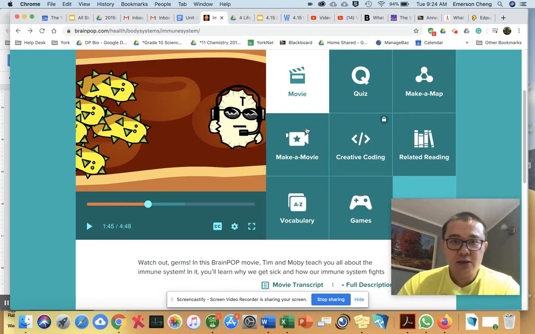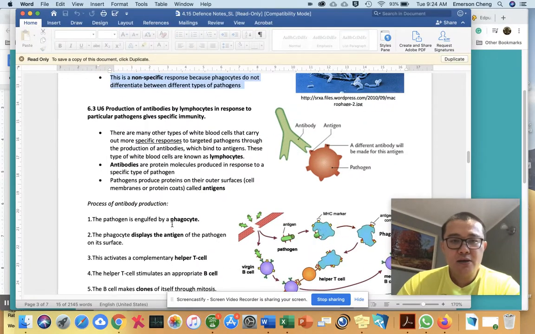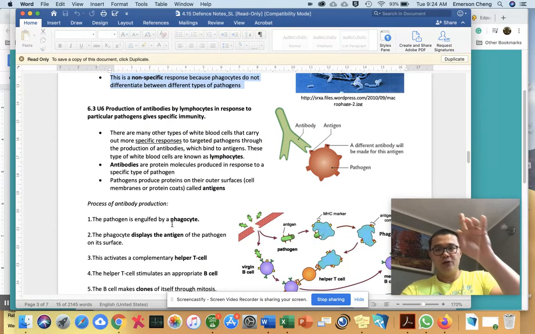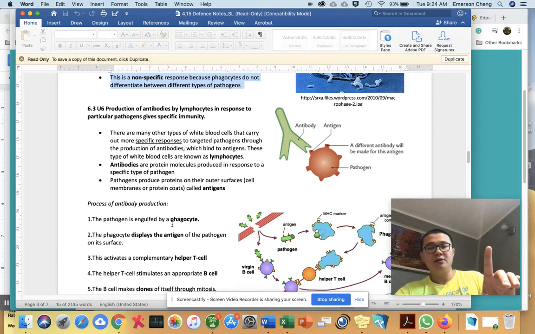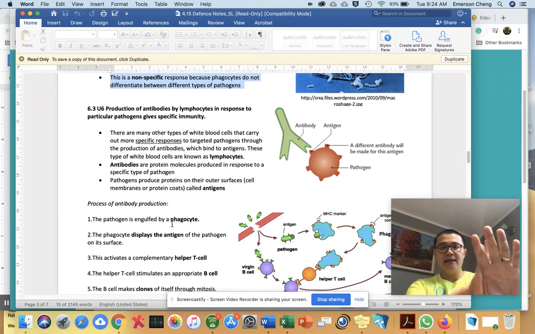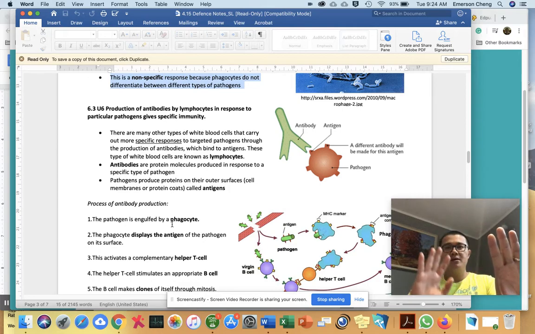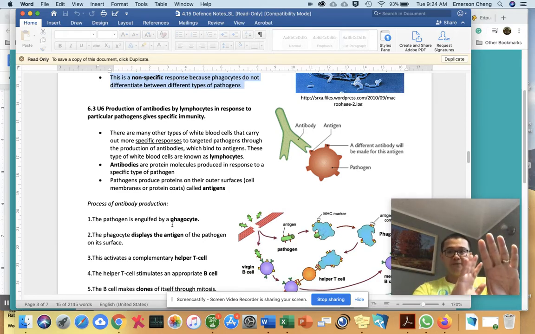So looking at this document now. First of all, you have non-specific immunity. That's the first line of defense. The second line of defense is your specific immunity. Your specific immunity has to wait a little while to kick in, so usually the non-specific one goes in first.